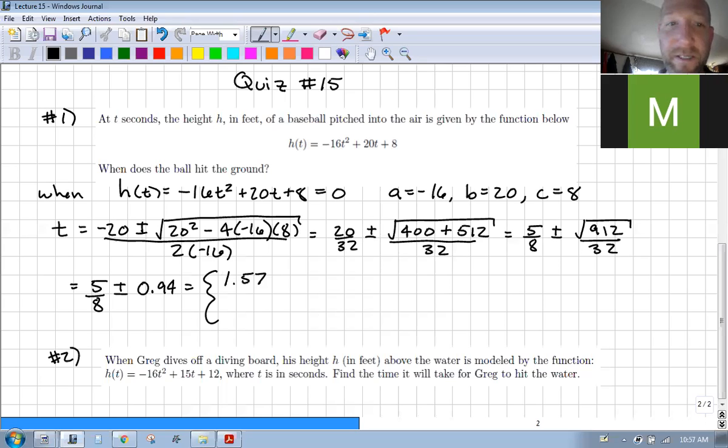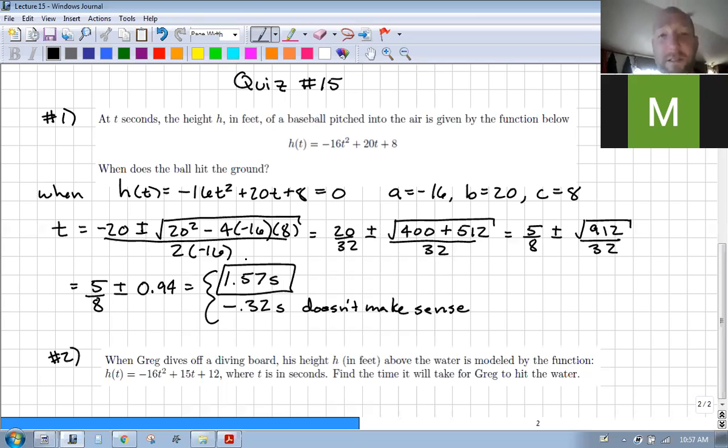This is going to be in seconds. And the other one, minus 0.94. This is a negative 0.32 seconds. This one doesn't make sense. All right, so this is our answer. That's when it hits the ground. That's when the height is 0. All right, any questions about that one?